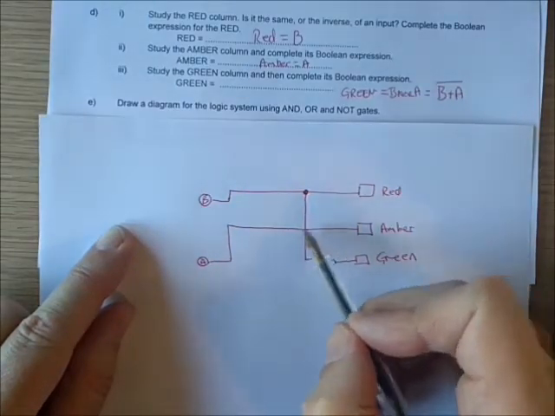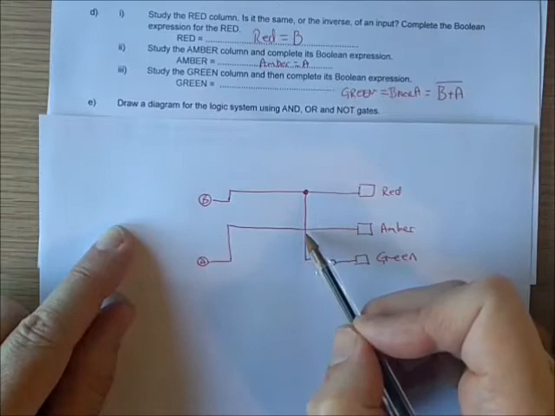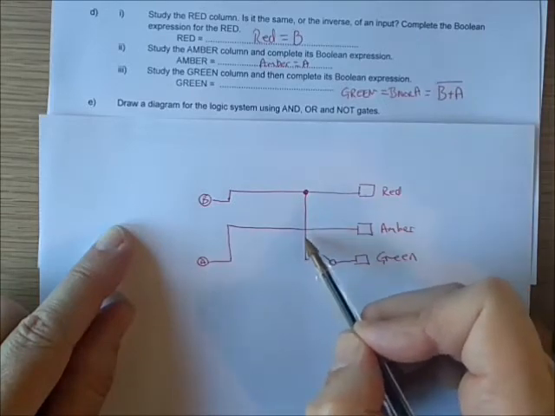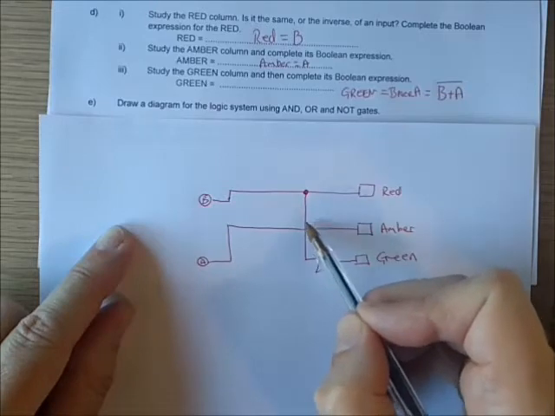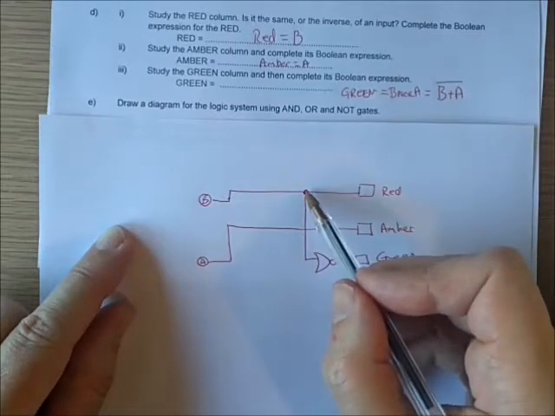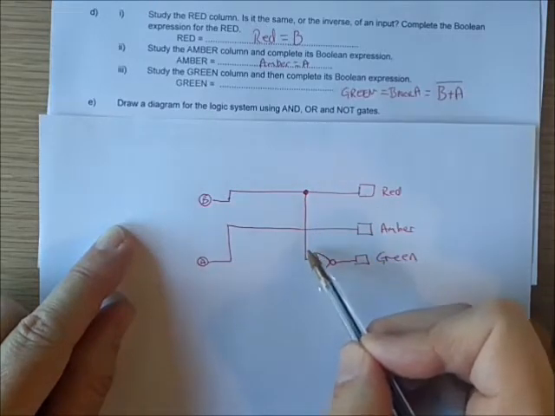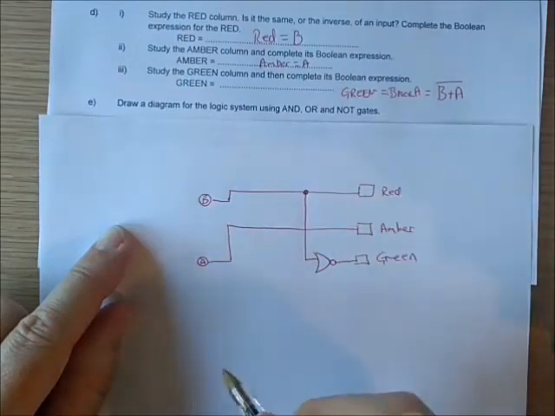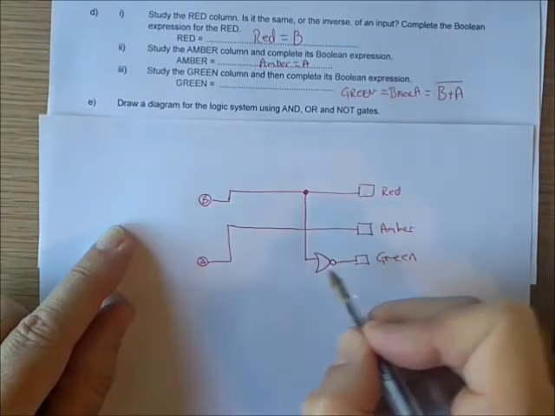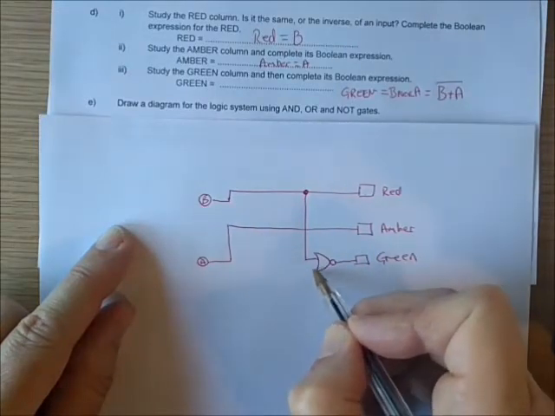In circuit diagrams, when lines cross over like that, they are not connected. It used to be that people put little bridges on, but these days in a circuit diagram, when they cross over each other, they're not connected. They're only connected when you put a dot on. Okay, I need to connect this NOR gate to A as well.